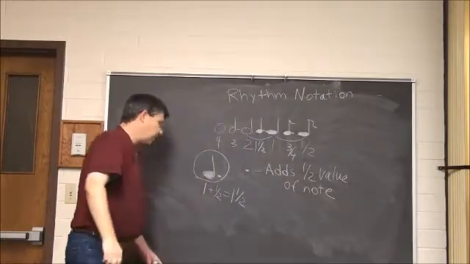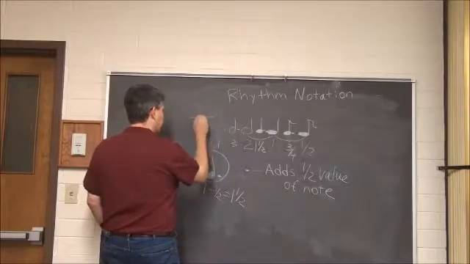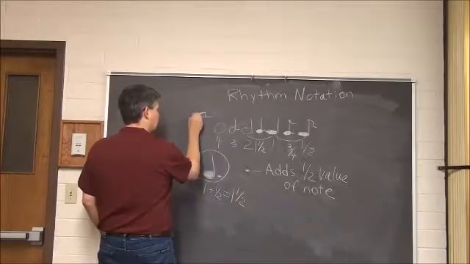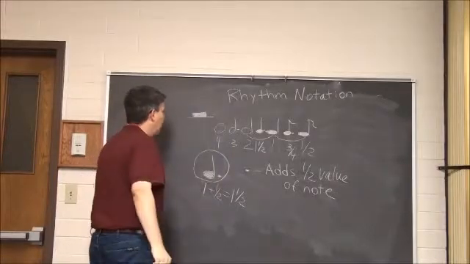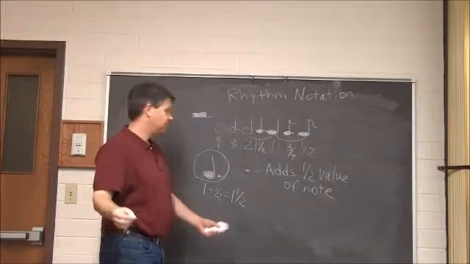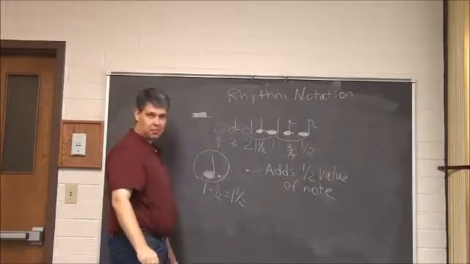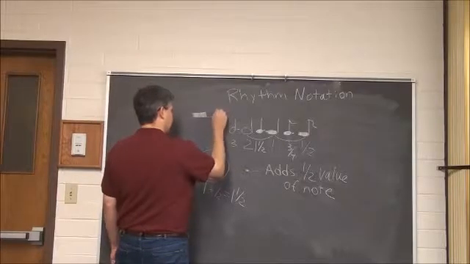I can also put dots on rests. Let's do this one. Is that a half rest or a whole rest? It's above the ground. It's on my head, it's a hat. So that's a half.